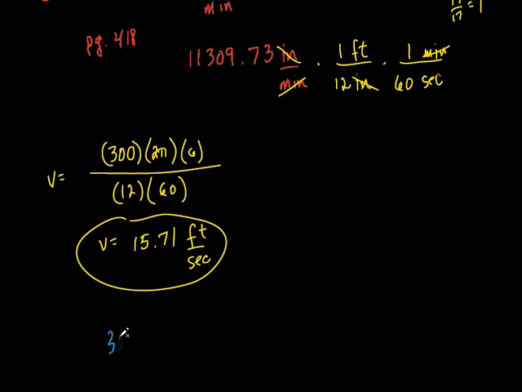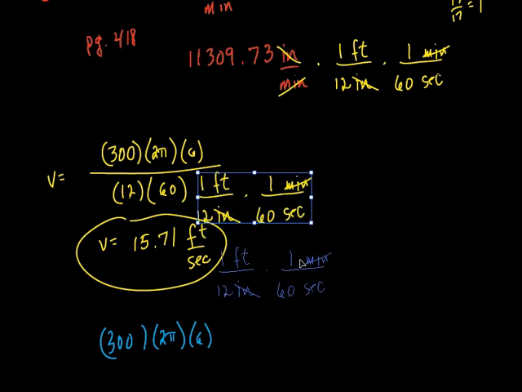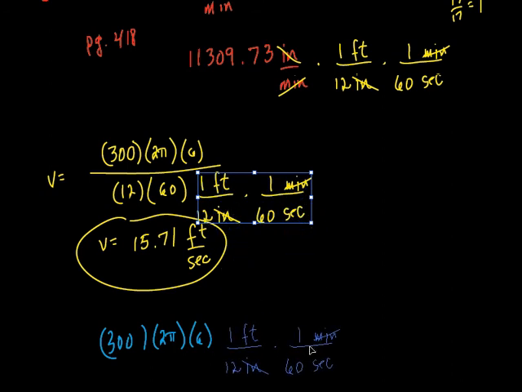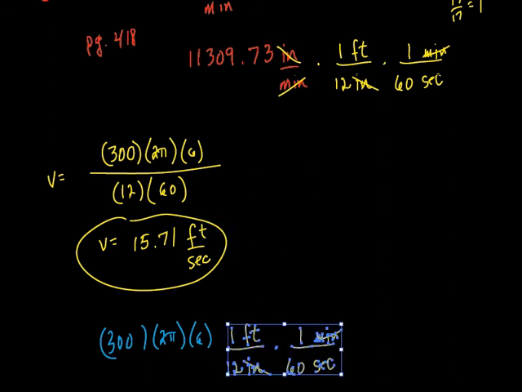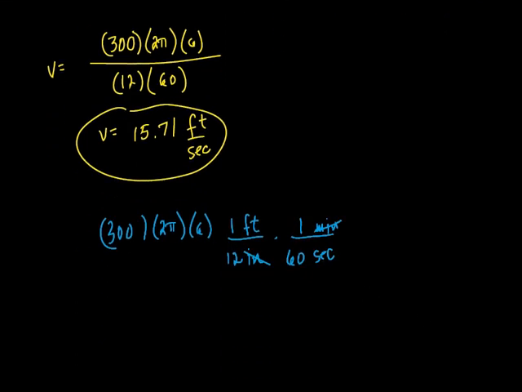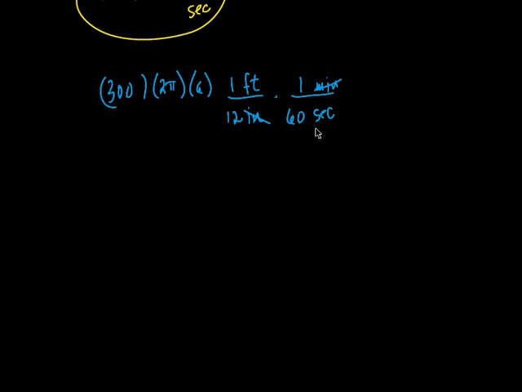Let's do 300, right, times 2 pi times 6, okay, and then, remember we had all this stuff? Let's write all this stuff right down here again. Let's just copy and paste it. And let's just make it blue so it all looks the same. Okay. So that's what we had, right? We threw that in our calculator and we got it.